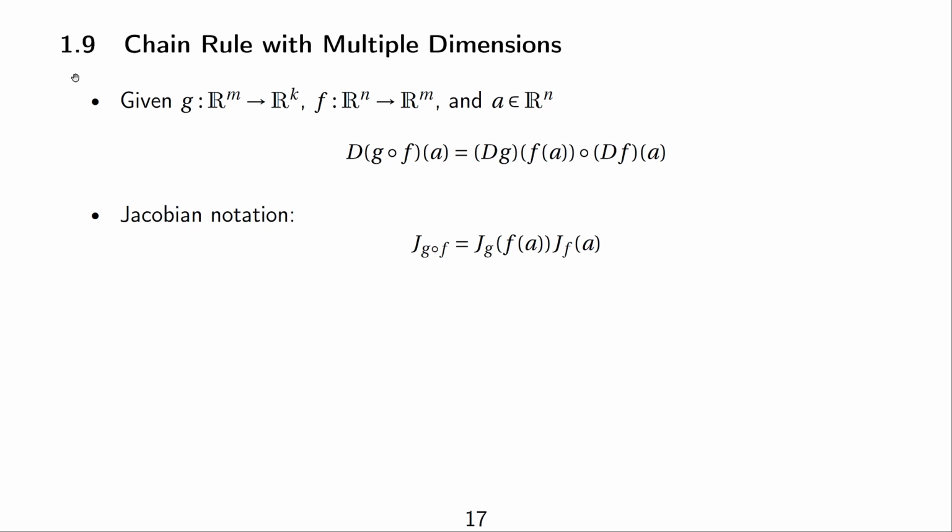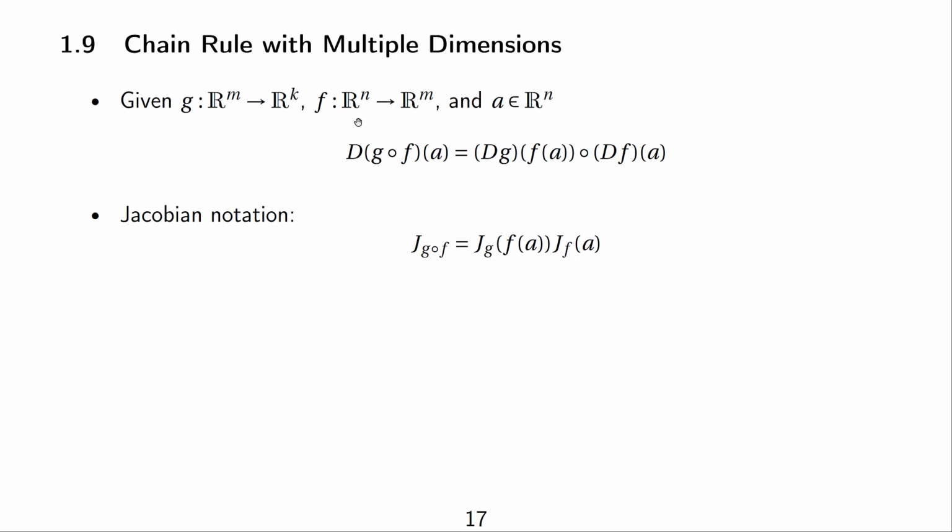All right. So the chain rule written down with multiple dimensions, again, we'll have 2 types of notation. We have 2 functions. One function has m inputs and k outputs, and the other one has n inputs and m outputs.